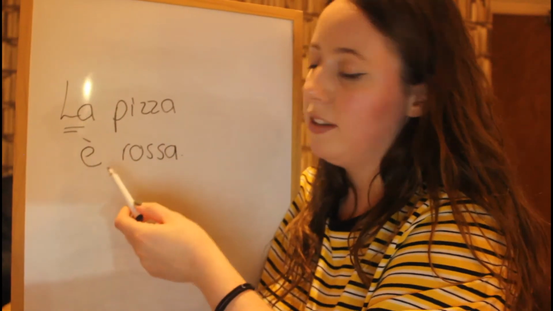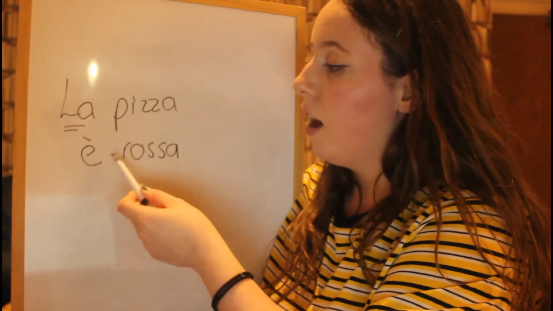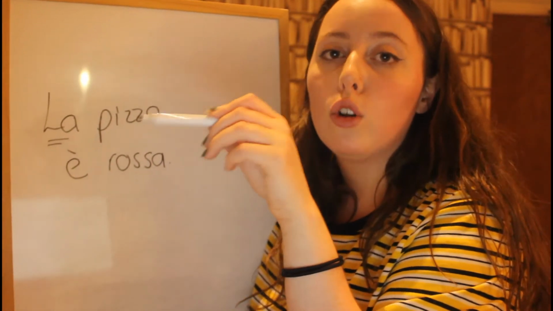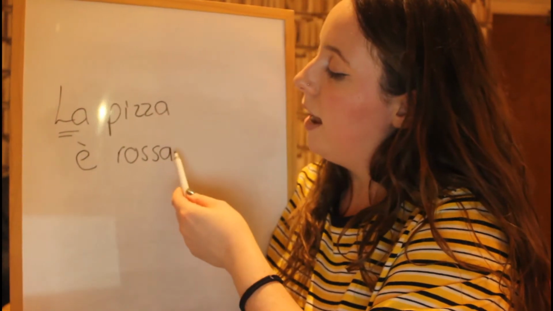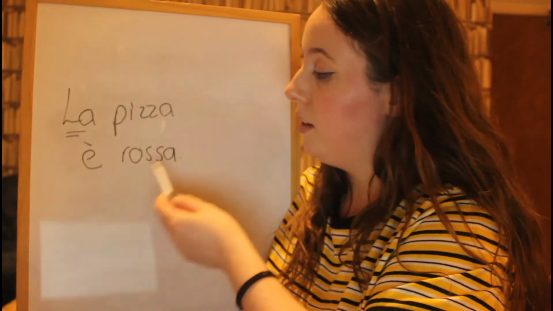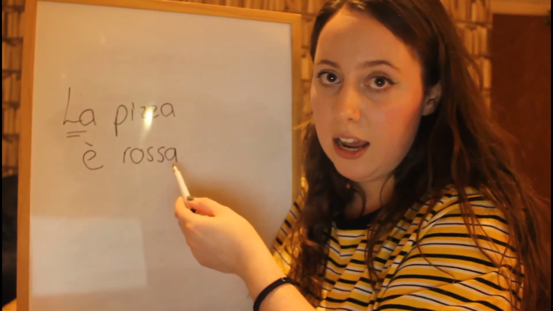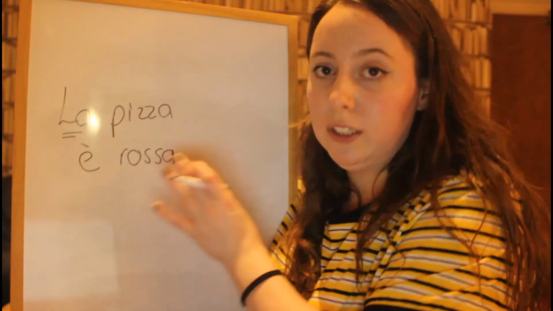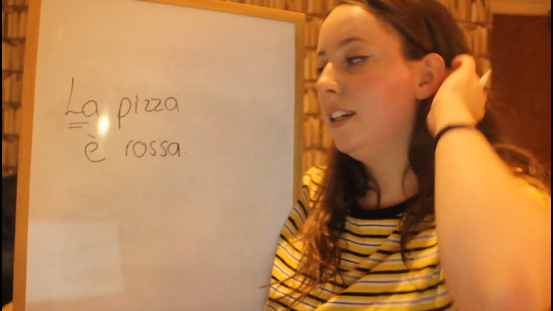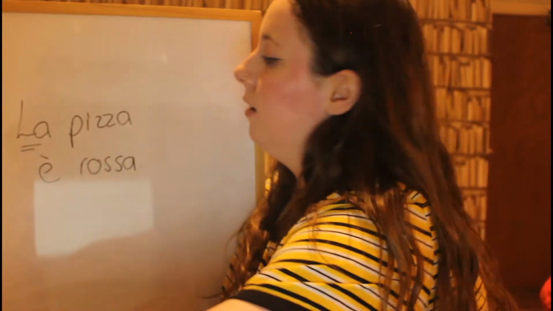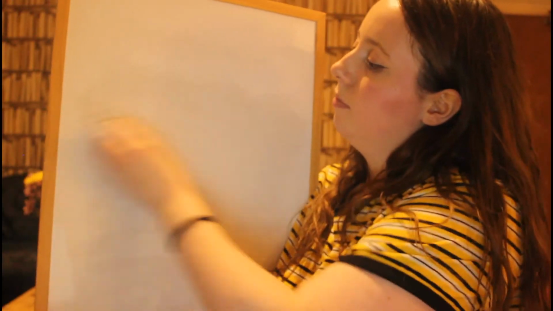And it just so happens in this particular sentence that rossa has an A at the end instead of being rosso with an O. And it corresponds to the fact that la pizza is feminine, so it gets a feminine ending, which is an A. But it's not always the case, and it's a bit more complex than that. But just in this particular case, it is. So that's your first phrase. La pizza è rossa. The pizza is red.